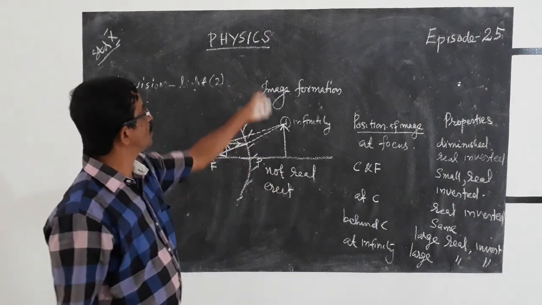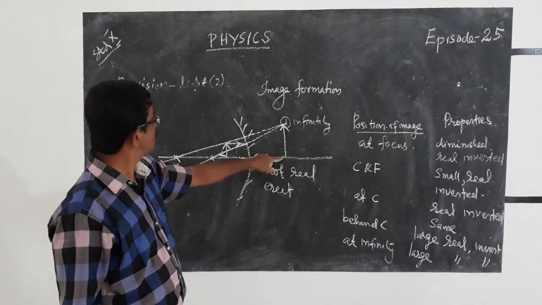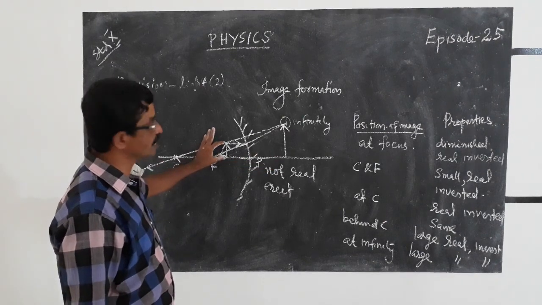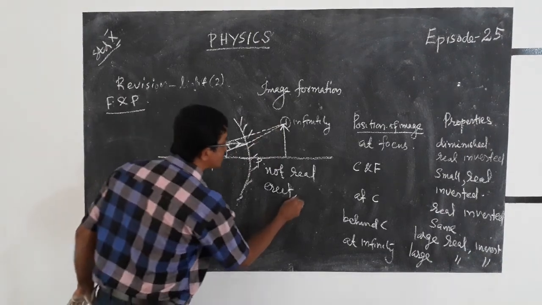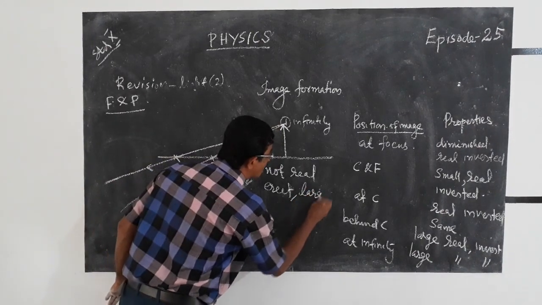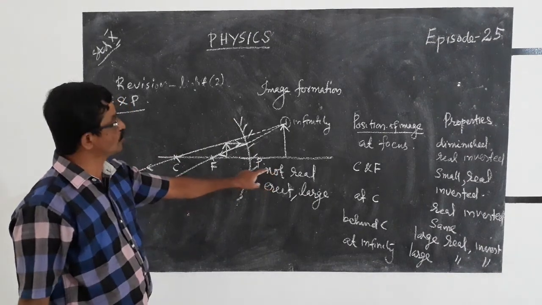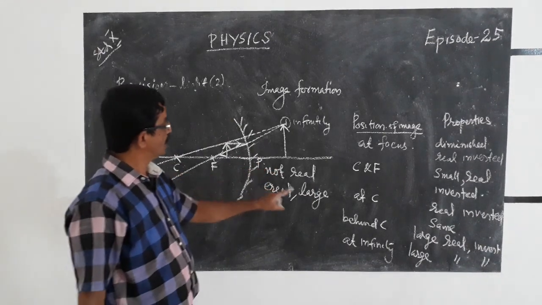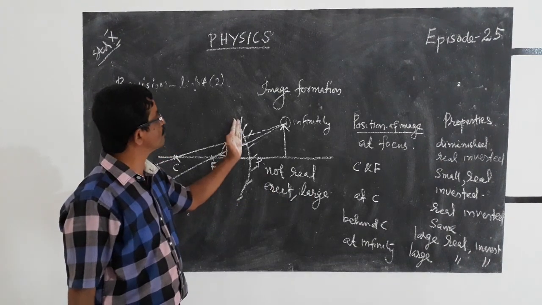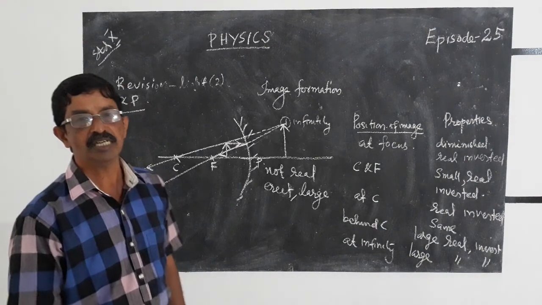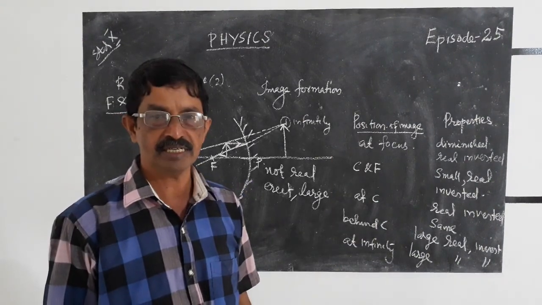What about its size? See, this is the size of the object. What about the size of the image? The image size is very large. So the image is virtual, large, erect, and formed on the other side of the mirror.